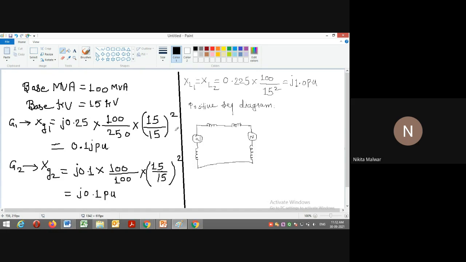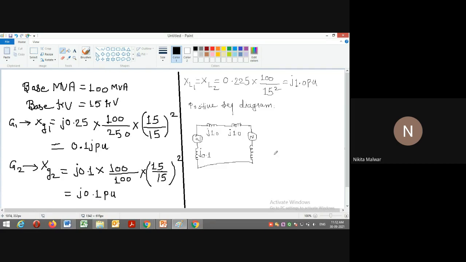Now put the values. What is the value for generator G1? Generator G1 has J 0.1 per unit. Now line 1 and line 2. What is the value for line 1 and line 2? J 1.0, again J 1.0.